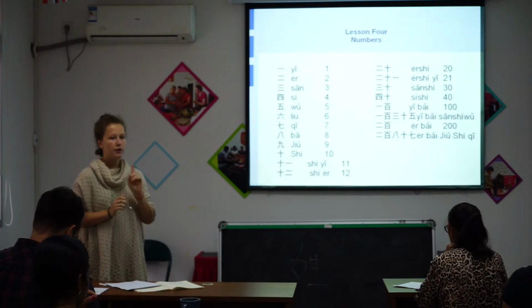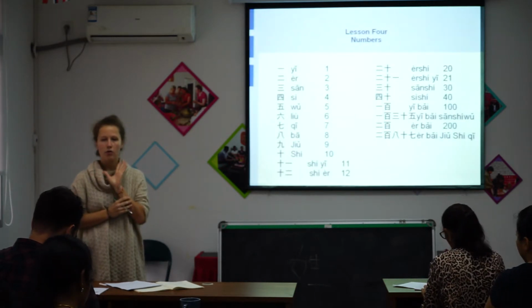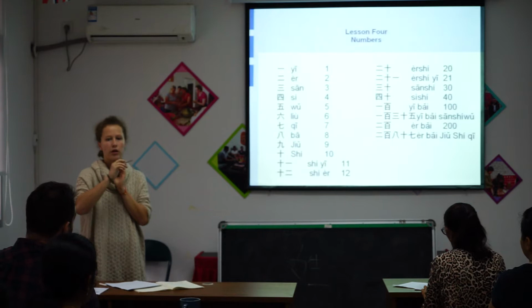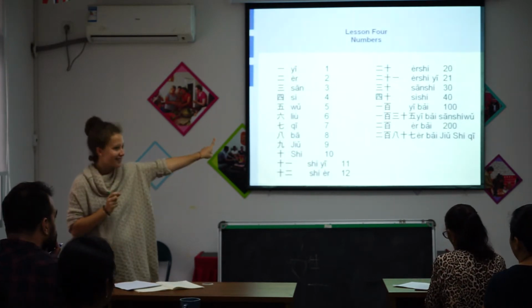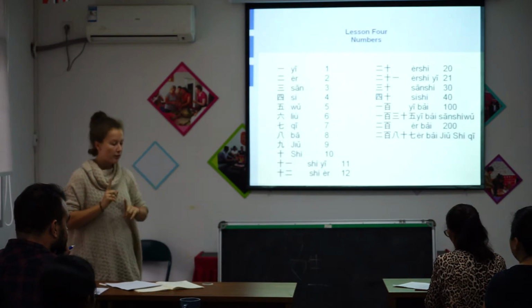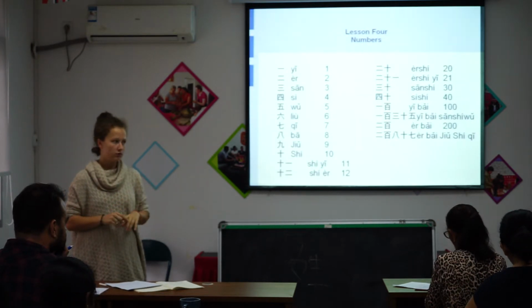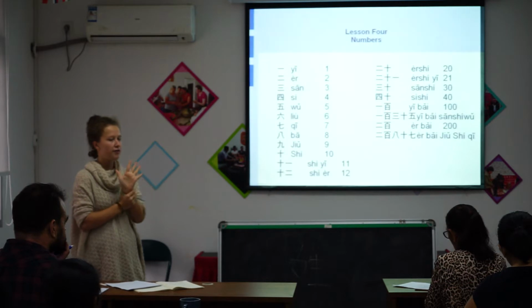And now I'm going to say 5 numbers in English and you write them down in Chinese. You can just write down the pinyin or write down the character. So I'm going to say 5 numbers in English.